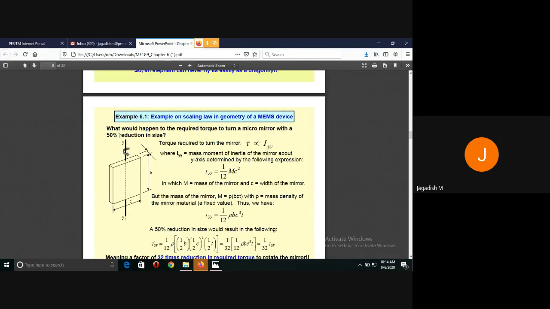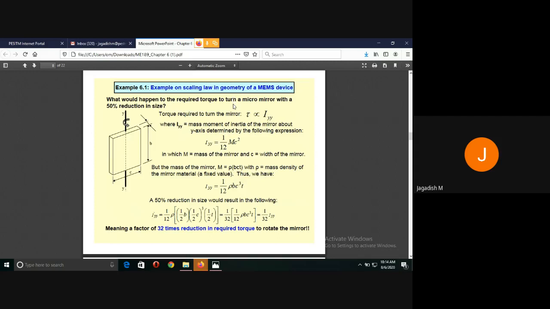Meaning if I reduce the size of this micro mirror by 50%, then the new magnitude of the torque is reduced by 32 times. Understood? I hope you have understood. This problem is very important. If the size of the micro mirror is reduced, then by our general understanding the micro mirror torque will also get reduced, but what is that magnitude?